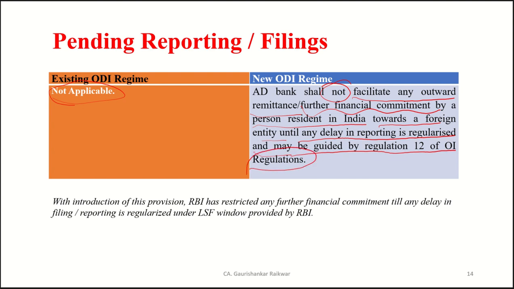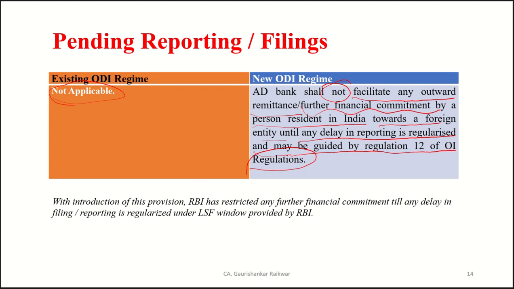Friends, this provision was not there in the earlier ODI regime. So now this provision is there. If there is any pending reporting which is not regularized, please take care of this requirement.